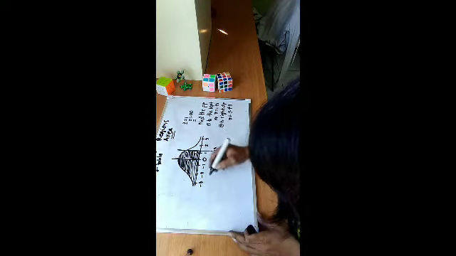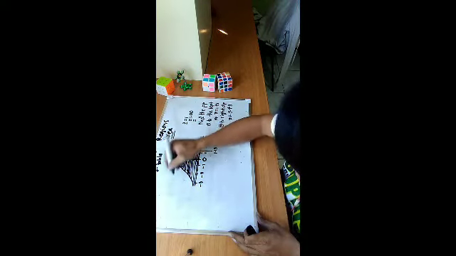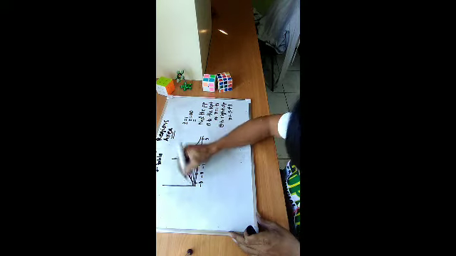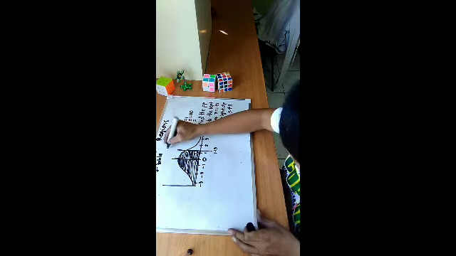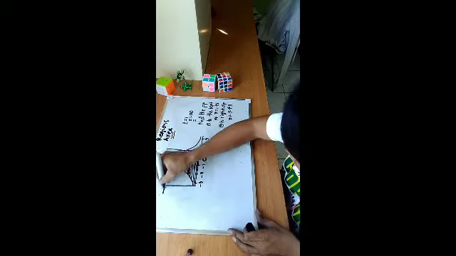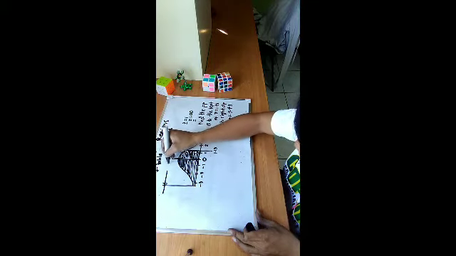Get the area of this one plus the area of this one equals the total area.